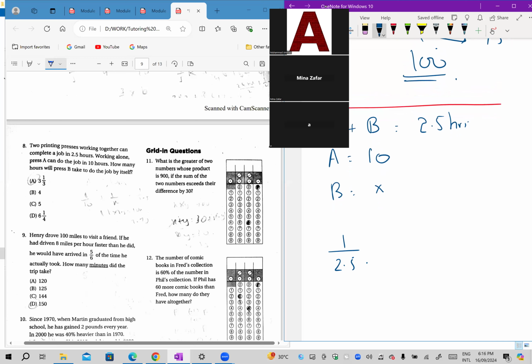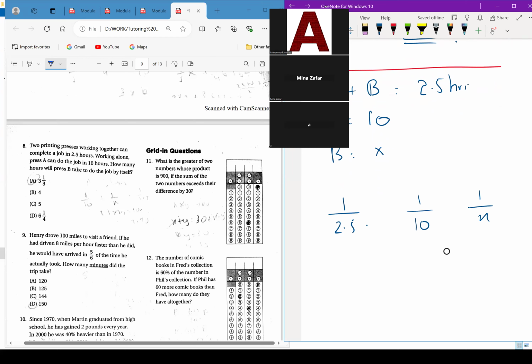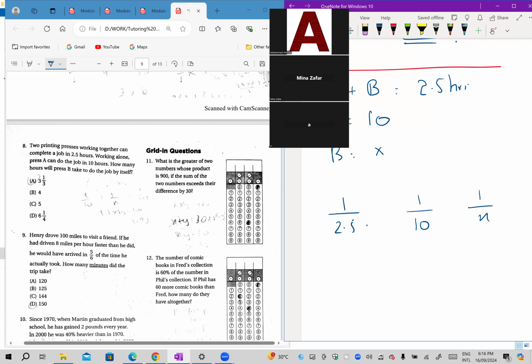Similarly, if press A alone takes 10 hours, the expression will be 1 by 10. Press B, x hours, so the expression will be 1 upon x. So we're looking at them in comparison to 1 hour.